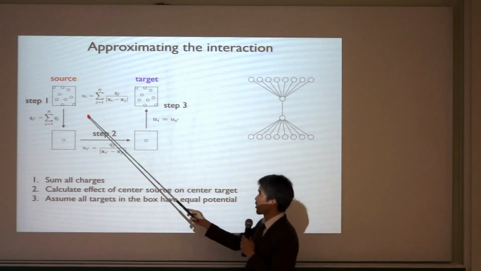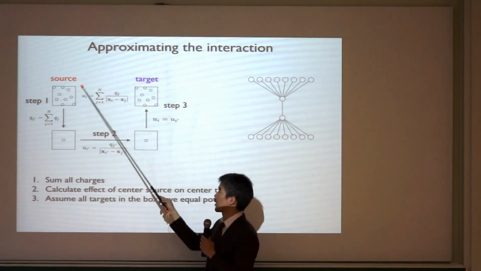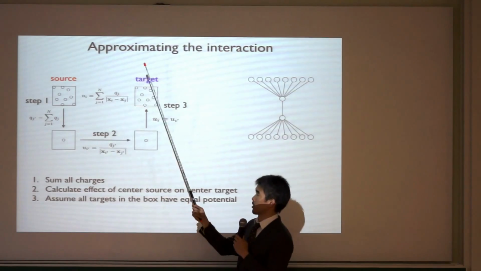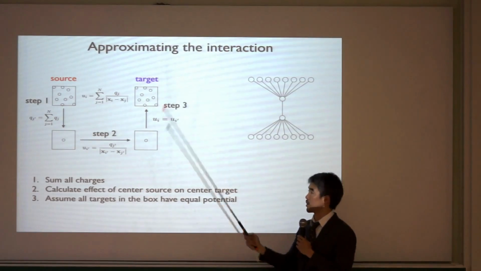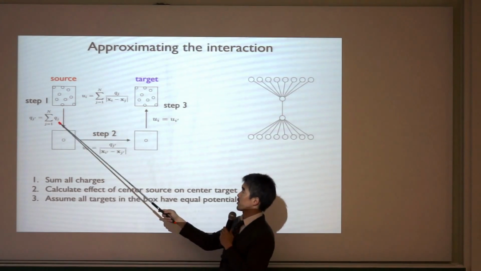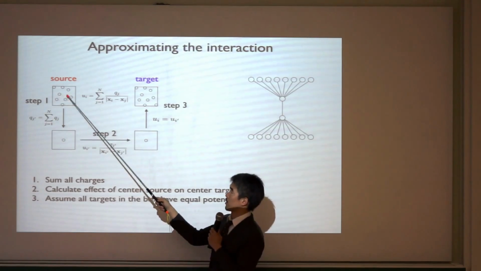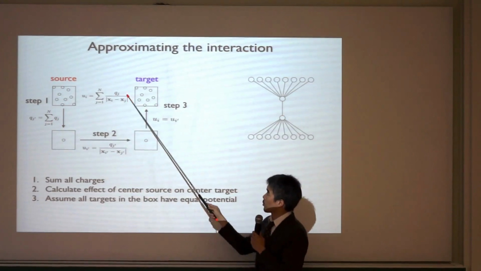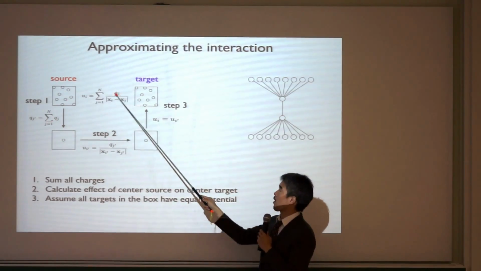So assume you have these points here with qj charges. So q can be the mass for galaxies or the electrostatic charge for molecules. It's the value that each of these points possesses. So you have a 1 over r potential.